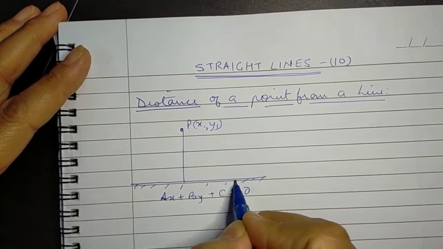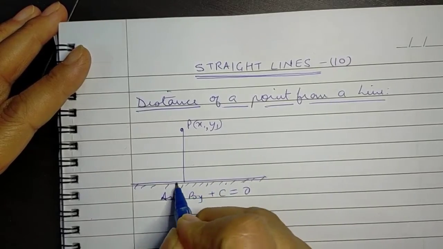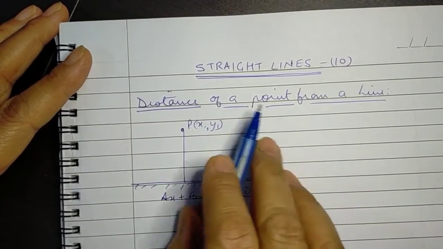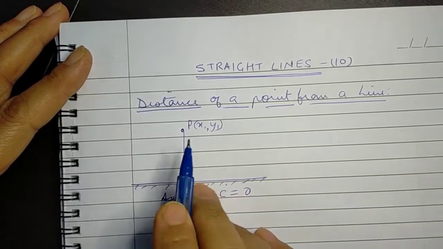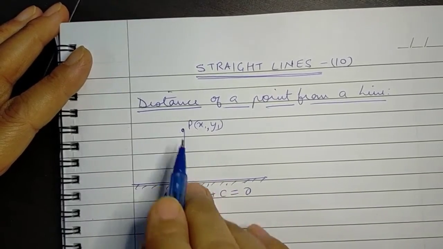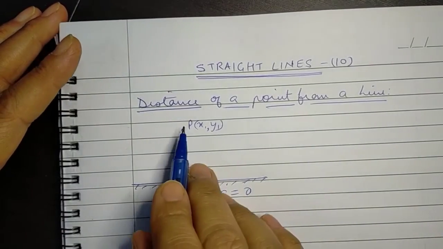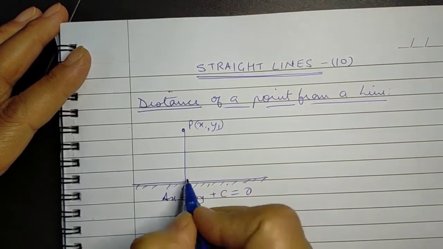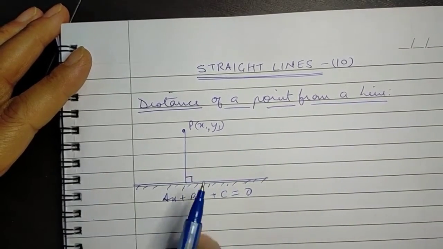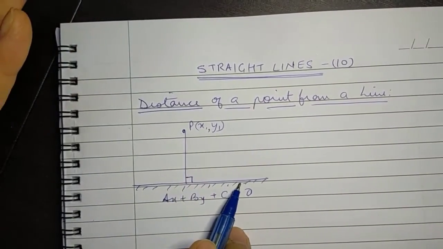So basically we know that unless and until said so, the distance of a point from a line is always the shortest distance, and that will be the perpendicular distance of a point from a line.